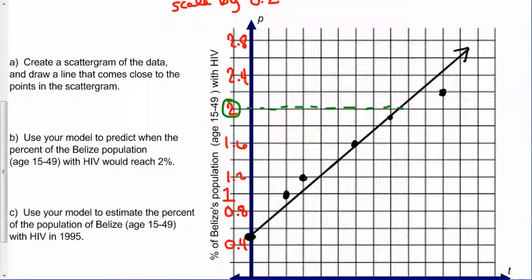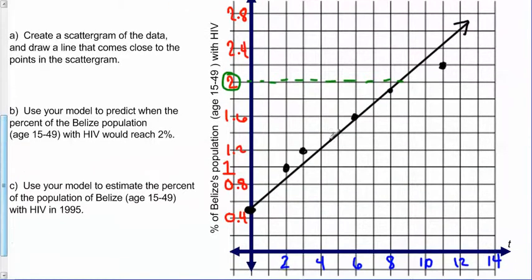And then let's see where that's going to actually run into my independent axis down here. So I'm going to come straight down. And I'm coming down here, and I'm going to say, where does that hit? So it hits right there. So coming from 2%, we see where it hits our line, and then we come straight down. And that looks like it's hitting at about 8.5.